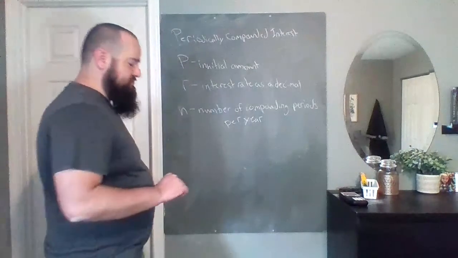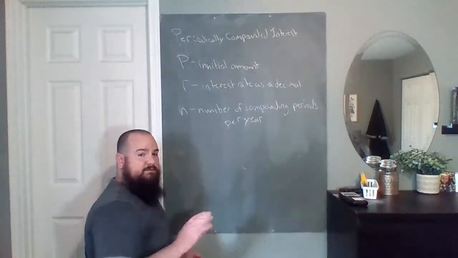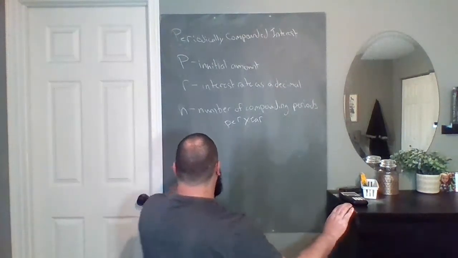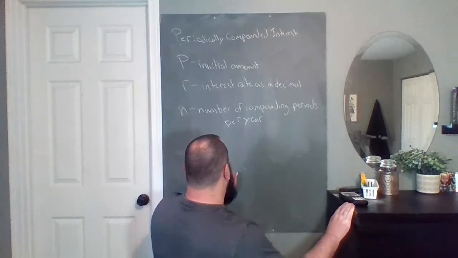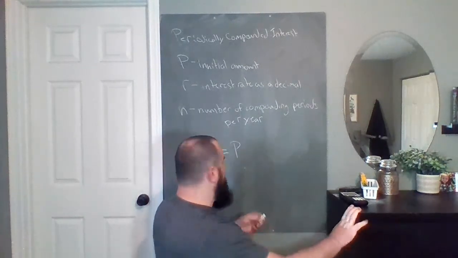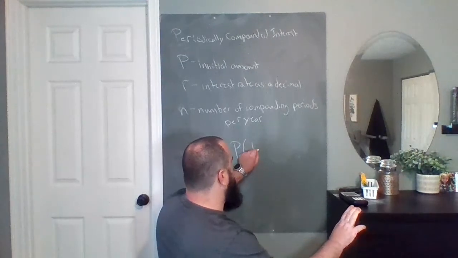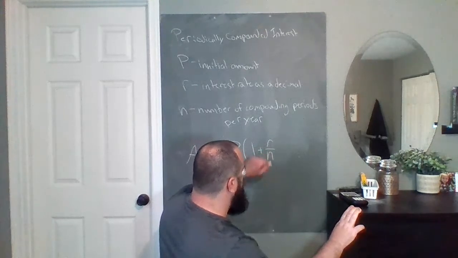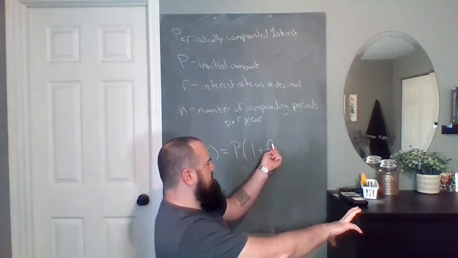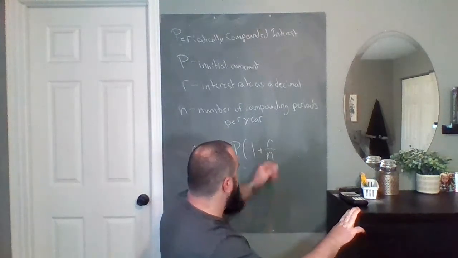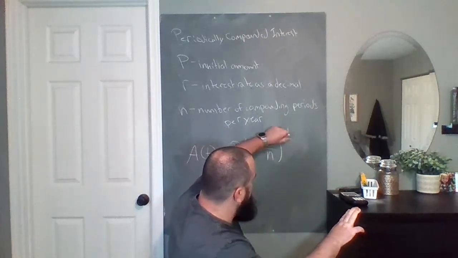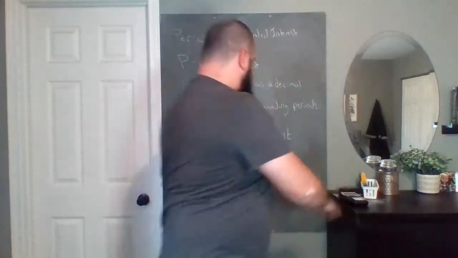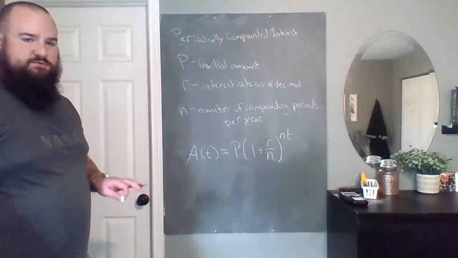So, given that information, the way we can find the amount in the account after T years, we say that A of T equals the principal amount times the quantity 1 plus R over N. So our interest rate as a decimal, divided by the number of compounding periods per year, all raised to the N times T. So this is our periodically compounded interest formula.